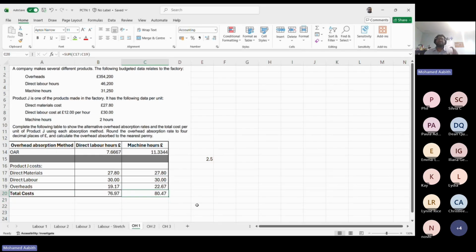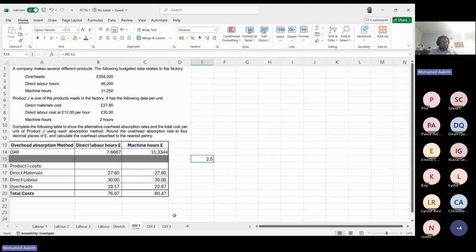With the machine hours, £80.47. But sometimes they will ask you, what is the best method to absorb? I normally go with which one took us longer. So in this scenario, the direct labor hours took us longer than the machine hours. That means there is more time, and the margins when there are fluctuations are less.